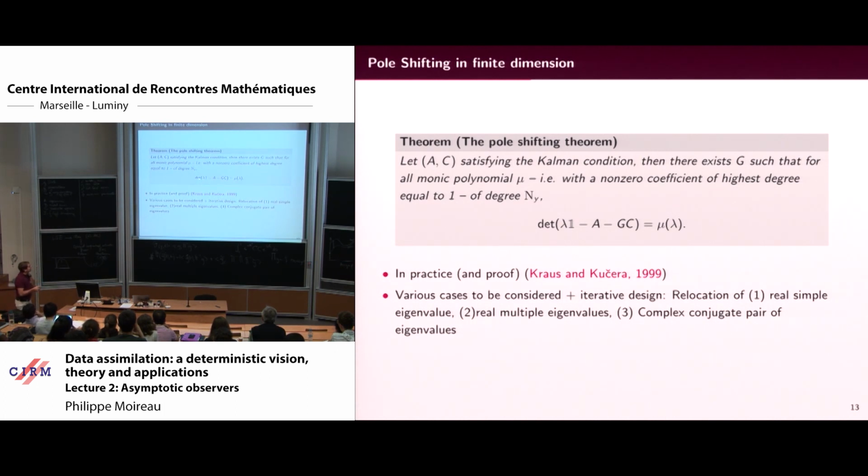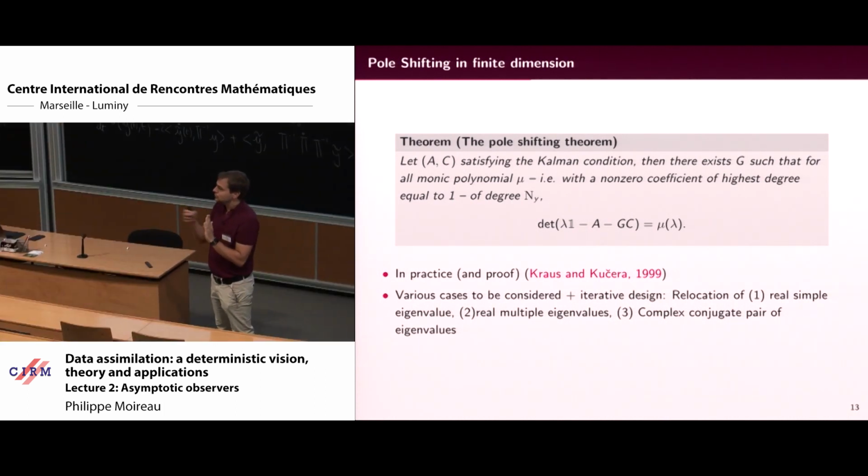Okay, so basically what this theorem means is that you can prove from an abstract point of view that if I give you a spectrum, like the spectrum we discussed a little bit with Bertrand, there is a way to find a J that puts all the modes, all the eigenvalues, on this spectrum.